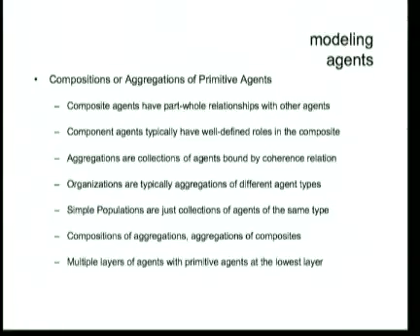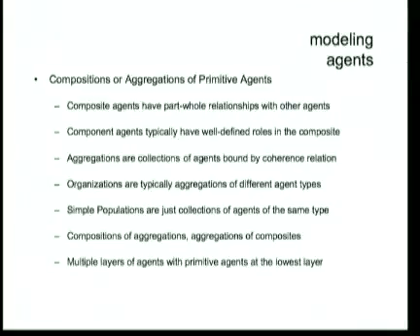For example, if you're modeling an organization as a higher level agent, its components may be, let's say it's a department, people in the department, the manager of the department, the administrative assistants of the department, various workers that are related to the domain of the department.